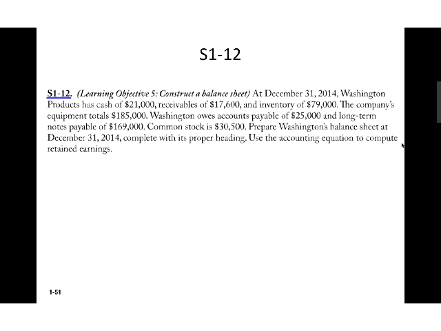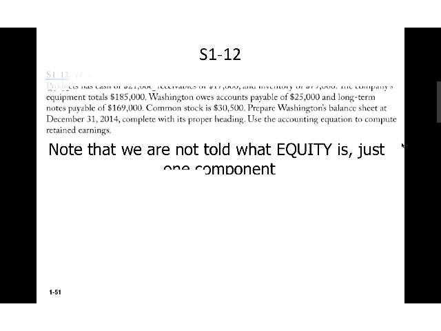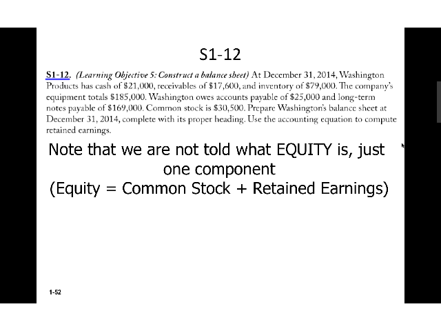So the first thing we need to do, because of that last sentence where it says use the accounting equation to compute retained earnings. Okay, we are not told what total equity is, just one component. We are told what common stock is. Remember that equity is common stock plus retained earnings. These are just things we know from manipulating the accounting equation over the weekend, the videos and things like that, reading the book.